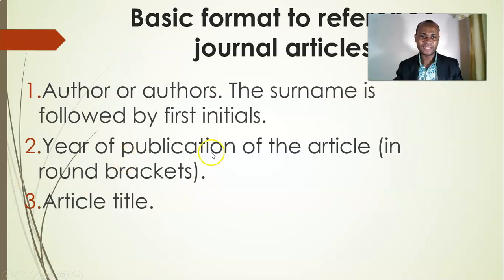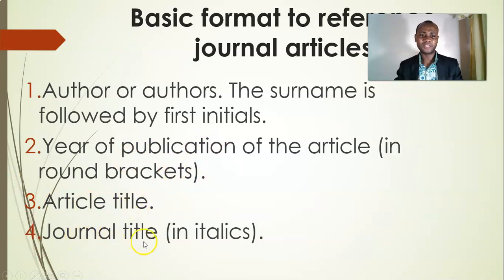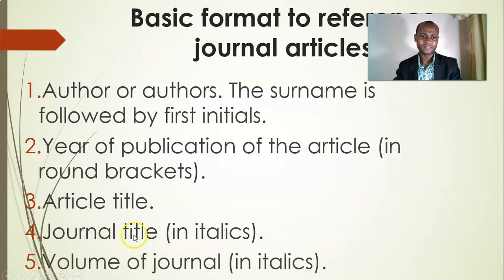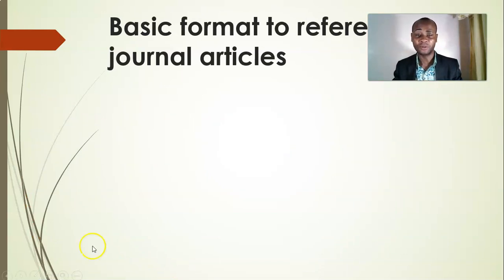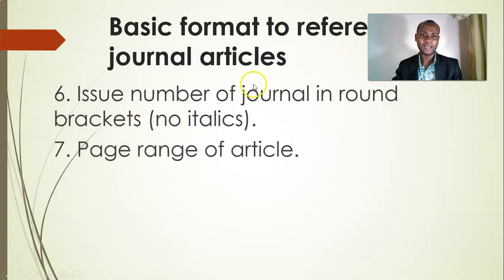And then after that, the year of publication, and then the article's title, and then the journal title, which should be italicized for APA style, and then the volume of the journal, maybe volume 1, 2, 3, and so on. Then the issue number of the journal, usually put in brackets, and it should not be italicized.